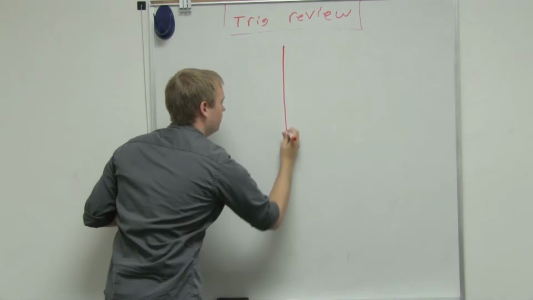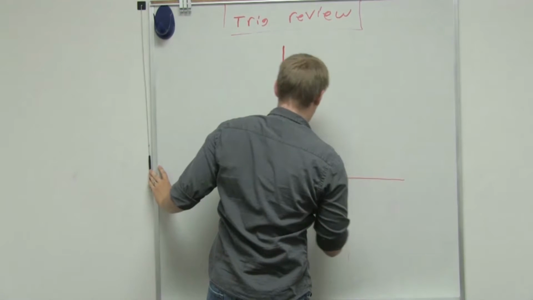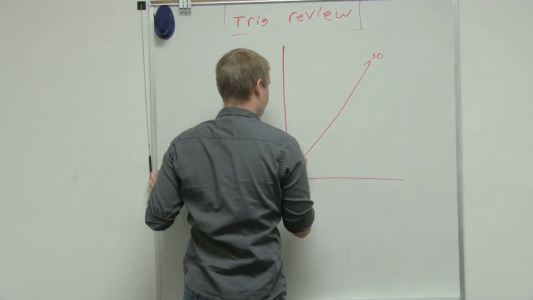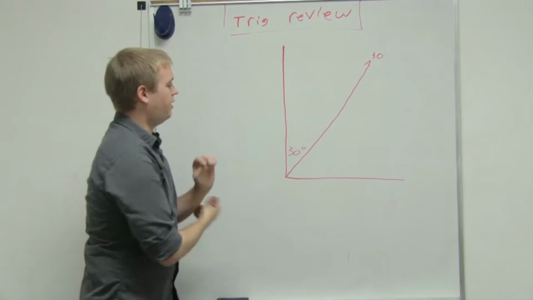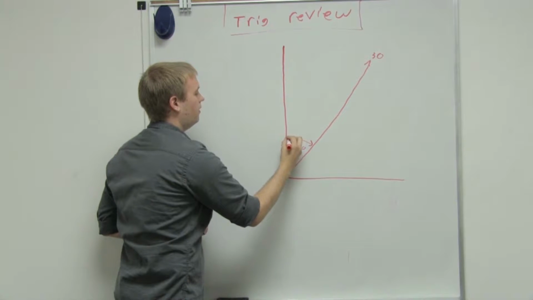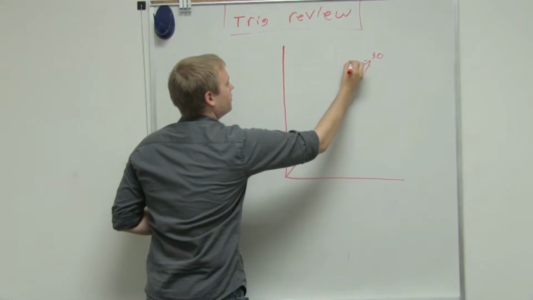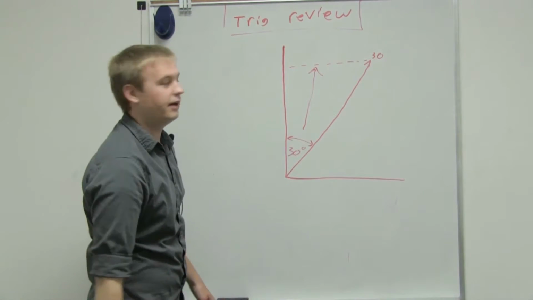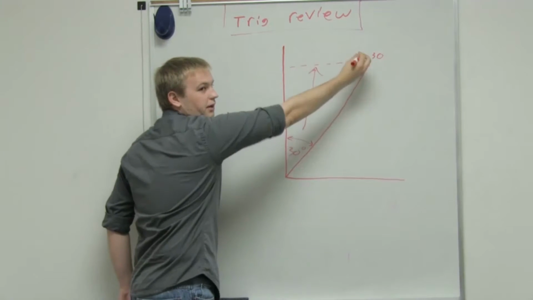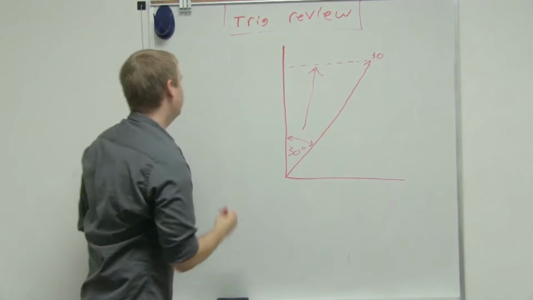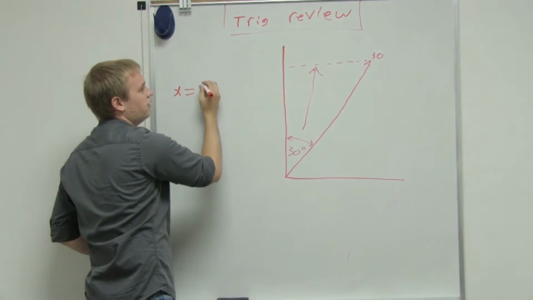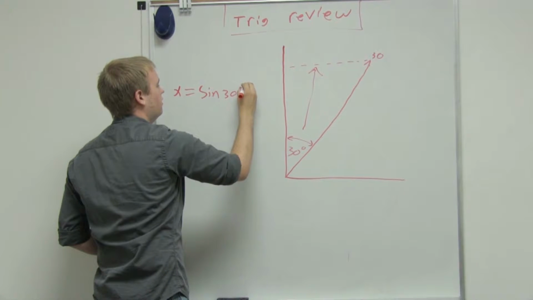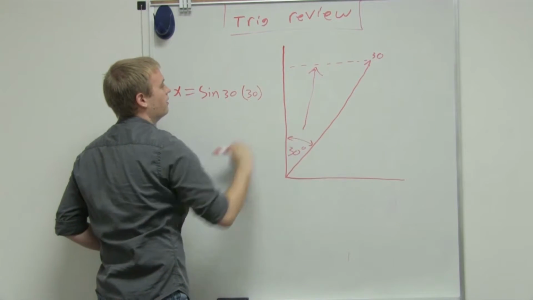Now say that our 30 degrees is up here instead of down here. Well, you finish off the triangle, and if you look, this is now the opposite leg. This is going in the x direction, so that's our x component. So x in this case equals sine of 30 times 30, which is our magnitude.